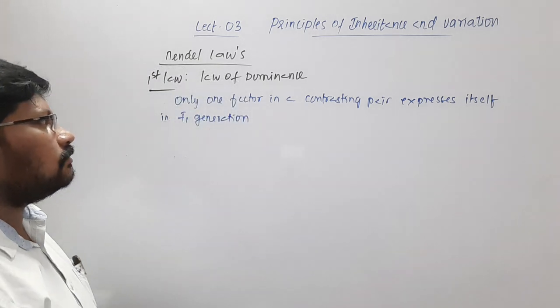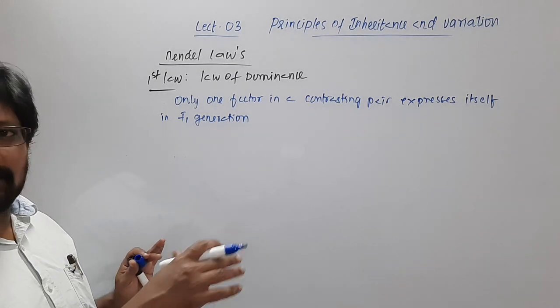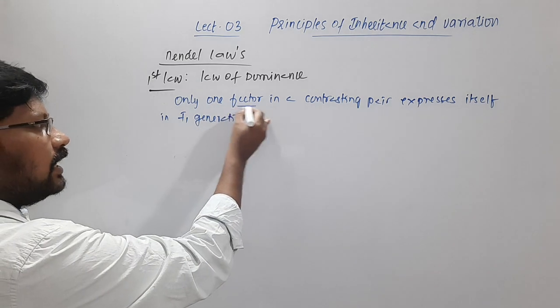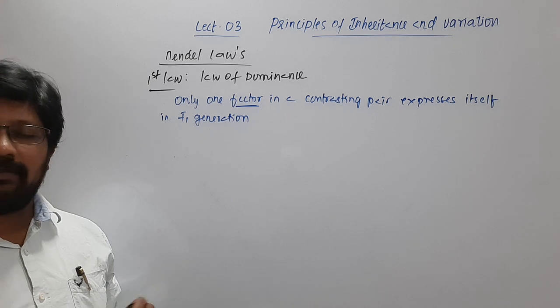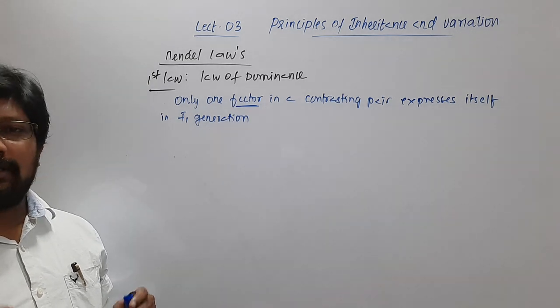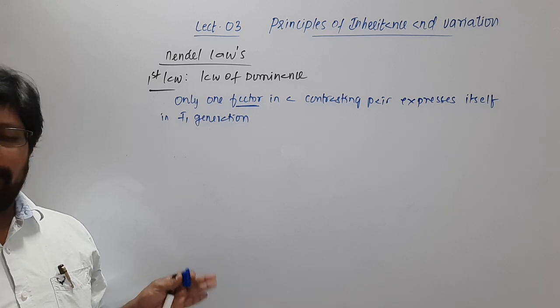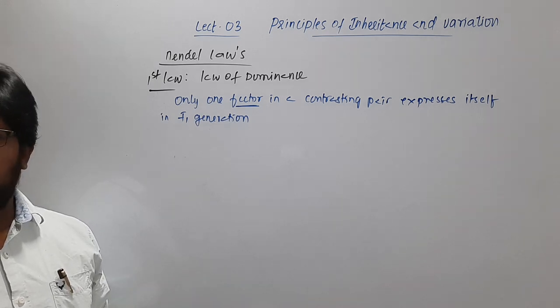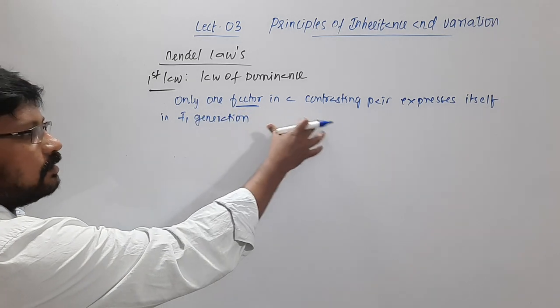So even Mendel simply used the word factor. That gene is, in his words, a factor, because there was no word gene in the dictionary of biology in those days. So only one factor in a contrasting pair.